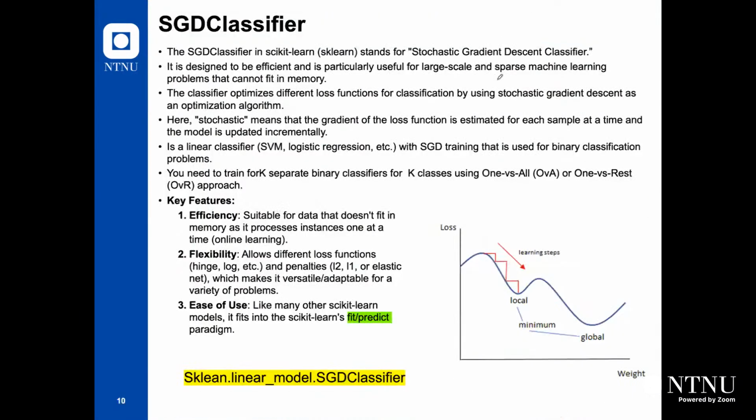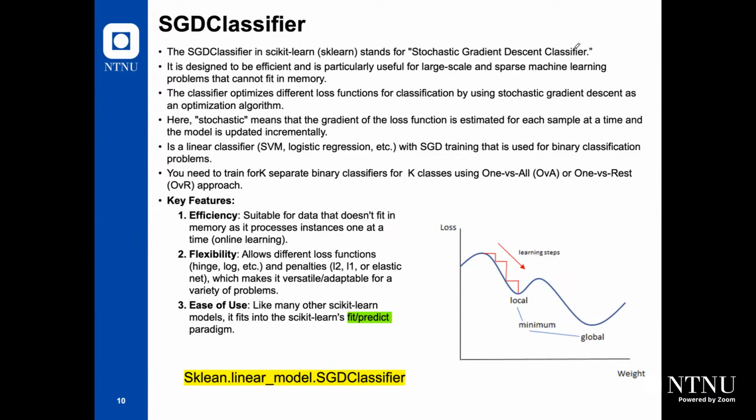SGD classifier, in fact, is designed to be efficient for large scale and sparse machine learning problems which cannot fit in memory. The classifier optimizes different loss functions for classification by using stochastic gradient descent. And stochastic means, of course, we did that last time, it's online training.